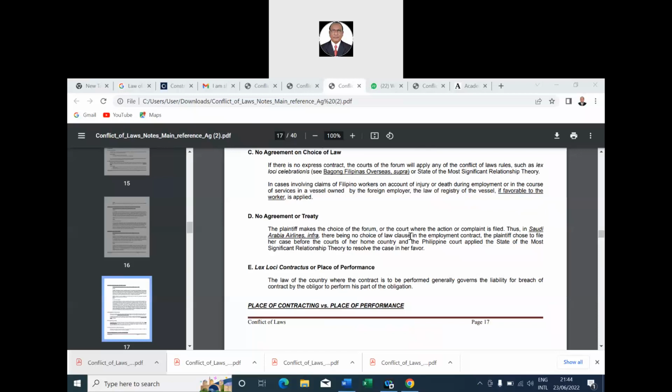In Saudi Arabian Airlines, in the above case, there being no choice of law clause in the employment contract, the plaintiff chose to file her case before the court of her home country, and the Philippine court applied the state of the most significant relationship theory to resolve the case in her favor.